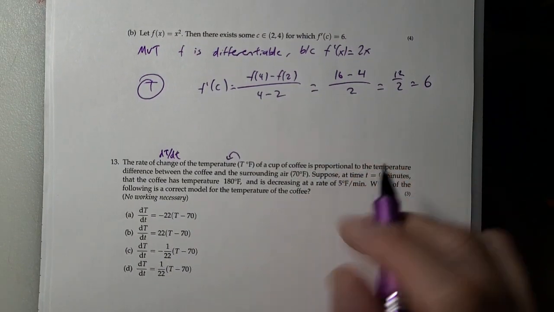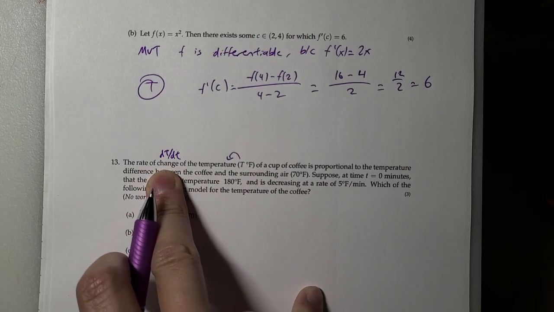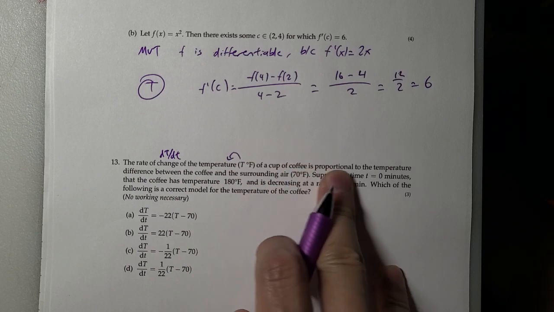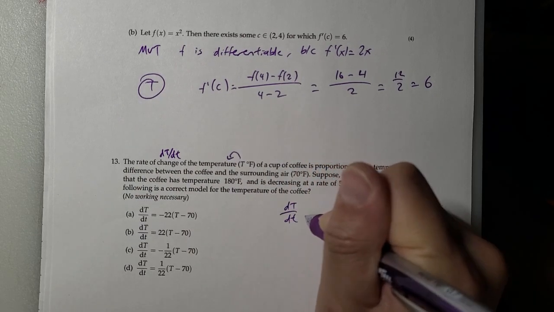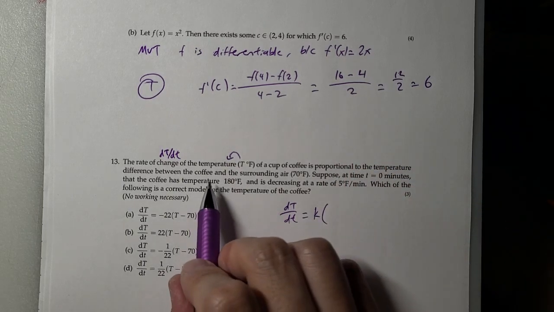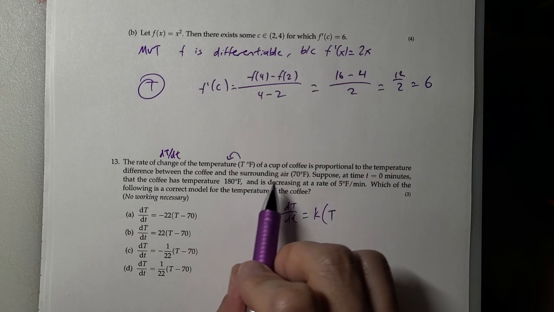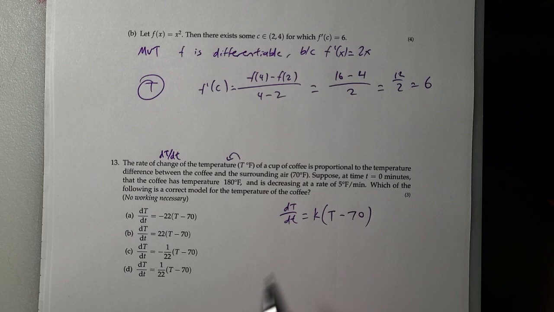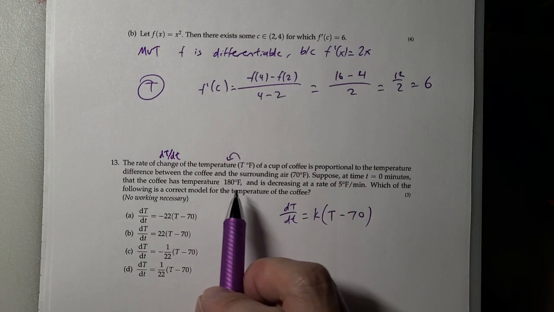Anyway, it's saying that dT over dt is proportional to the temperature difference. Proportional is just some constant k times the difference between the coffee temperature, T, and the surrounding air, minus 70. And then suppose at t equals 0 the coffee has temperature 180 degrees.